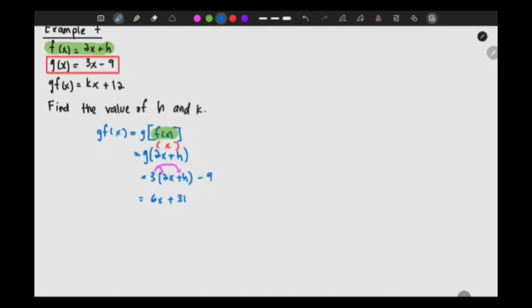And the g(f(x)) that the question provided to you is kx plus 12. So always compare apple to apple. g(f(x)) same. Your x same. That means the number before the x should be the same also.